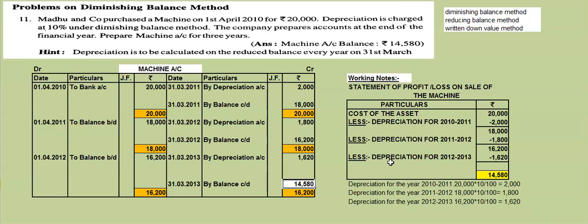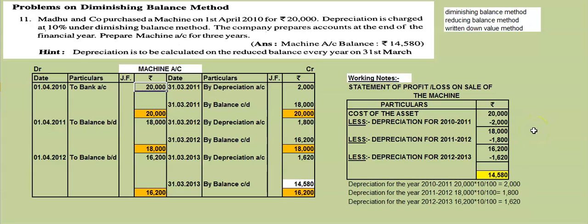Many times students get confused between the straight line method and the diminishing balance method. So you have to understand the difference between the two. In the straight line method, we calculate depreciation only on the cost of the asset. The cost of the asset here is 20,000, so depreciation will always be done on 20,000 only.